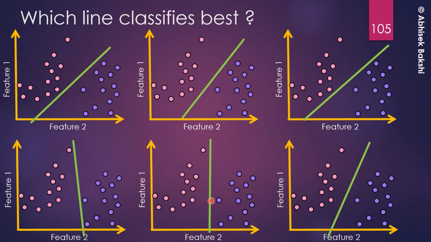So obviously I will try to keep the decision boundary in such a way that for every point we can decide which side the point is on with a much higher probability.